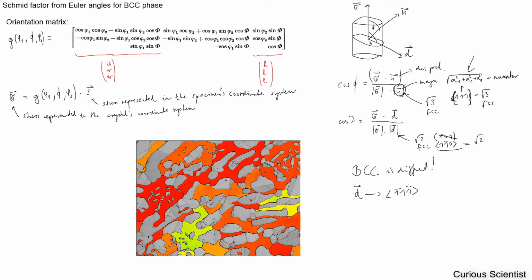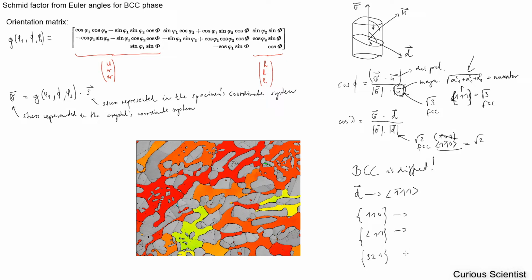In BCC, instead of having this as the slip plane, we have this as the slip direction, and there can usually be three different slip planes: one is the 110 type, another is the 211 type, and another is the 321 type.